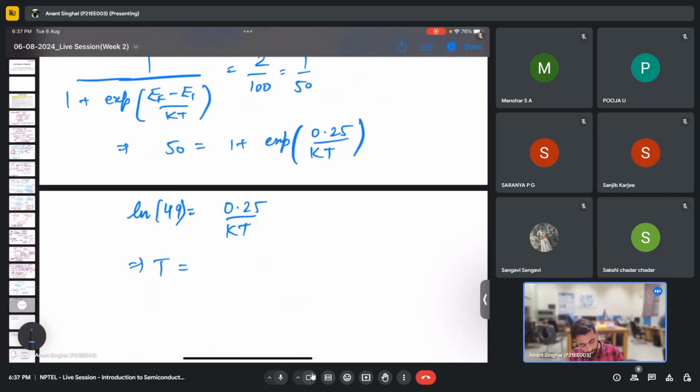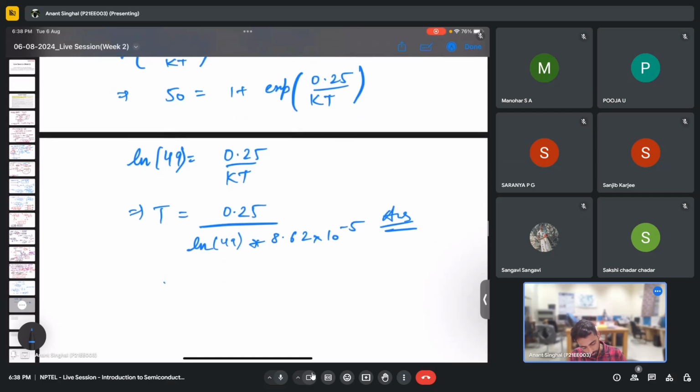The temperature will come out to be 0.25 divided by ln 49 times k, which is 8.62 times 10 to the power minus 5, already given in the question. So this will be the answer in Kelvin.